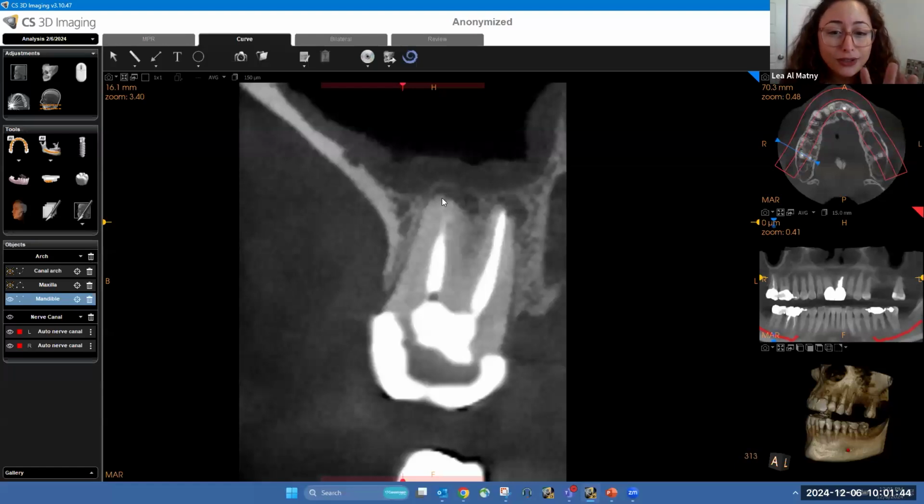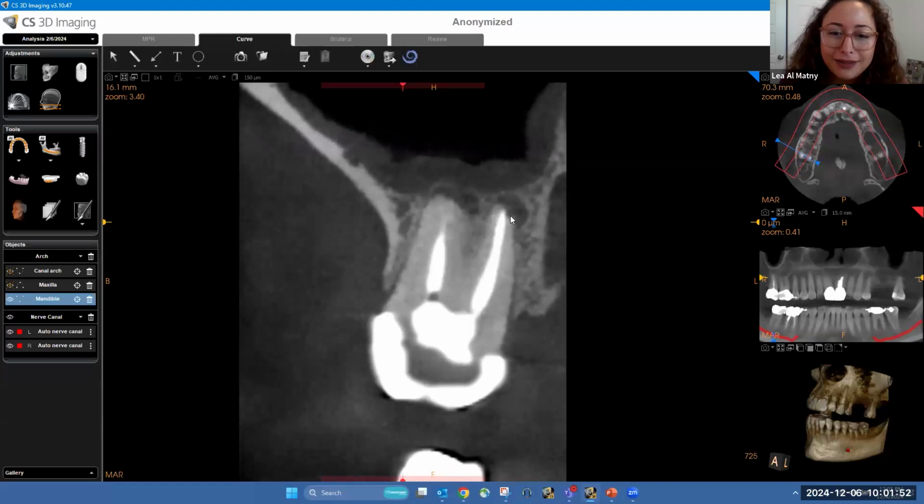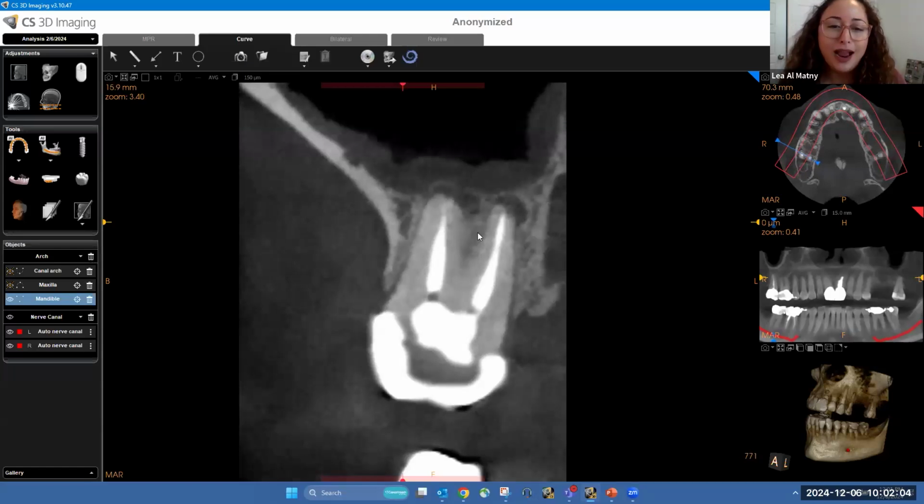But just from looking at this cross section, assuming the endo treatment was not completed yesterday or last week, this does look like an active lesion, especially with the effect it's having on the floor of the sinus. You can see the floor of the sinus is elevated, thinned, and interrupted. We have mucosal thickening on the floor.